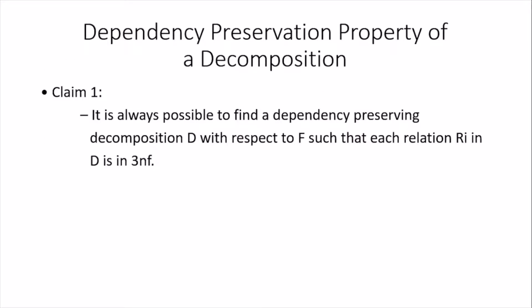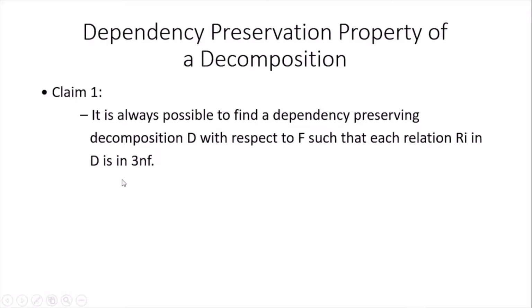And even though this is the case, what we can claim is about the dependency preservation property of a decomposition. There we can make one claim. It is always possible to find a dependency preserving decomposition D with respect to F such that each relation Ri in D is in 3NF.